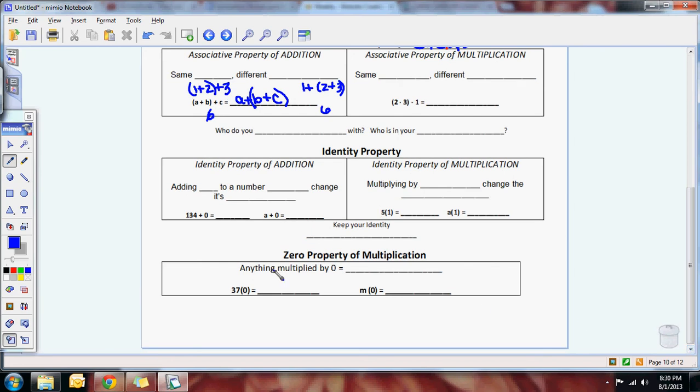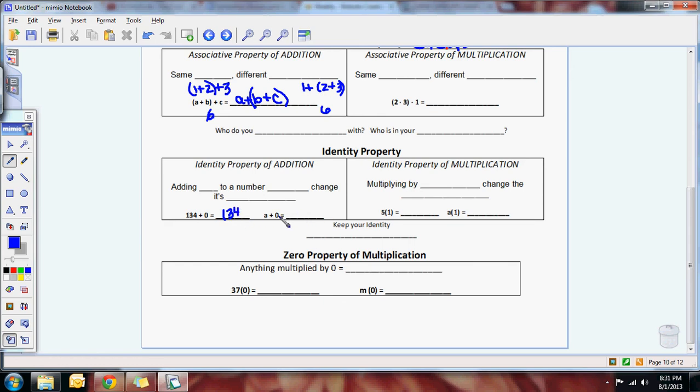All right, then we move on to the identity property. And the identity property looks a little different for addition and multiplication. So you want to think, what would I have to add to something to keep the identity of that number the same? And what would I have to multiply by that number to keep the identity the same? So hopefully you know, if I have a number, any variable, and you add it to 0, that number is going to keep its same identity or stay exactly the same.